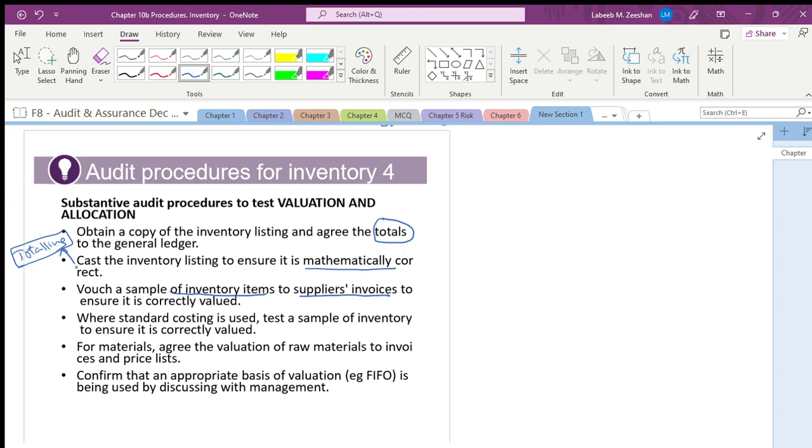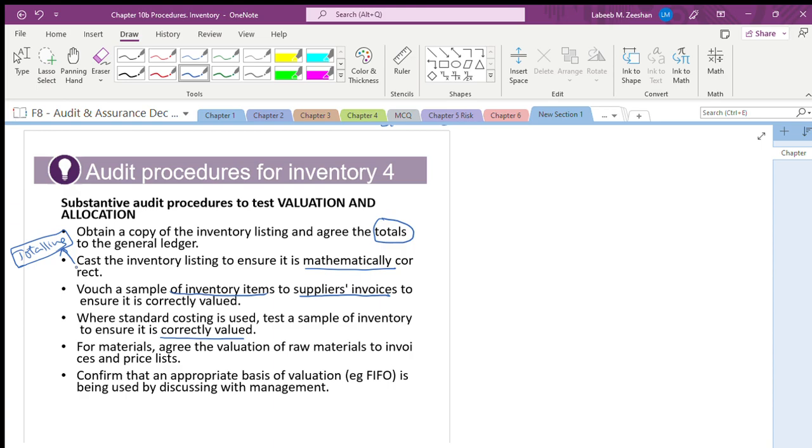Where standard costing is used, review the methods of costing and test a sample of inventory to ensure it has been correctly valued. If this many units have been used at this price, you have to make sure the inventory is correctly valued.